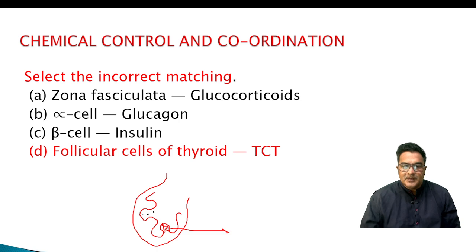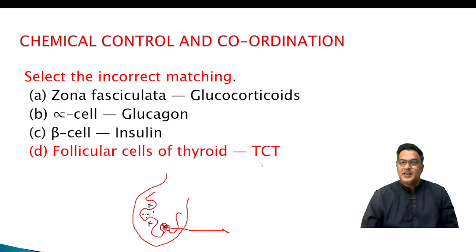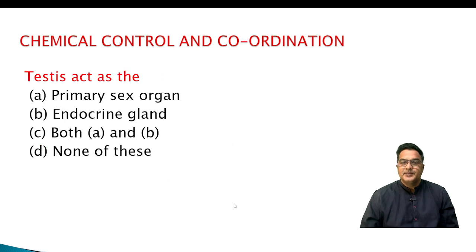Either side, this is follicle. So either sides of the follicle, the cells present are parafollicular cells. Parafollicular cells of thyroid secrete calcitonin, thyrocalcitonin. Follicular cells of thyroid secrete thyroxine.